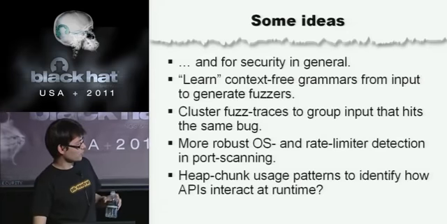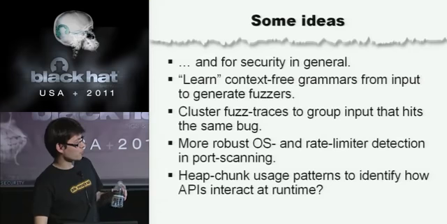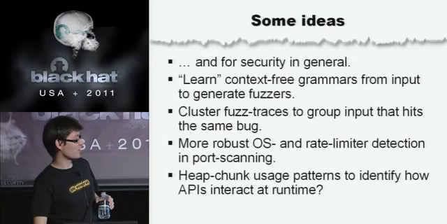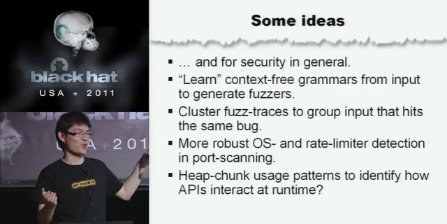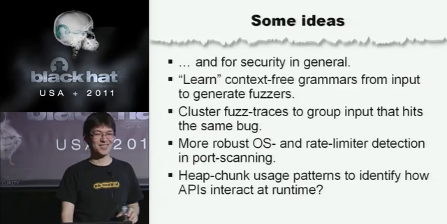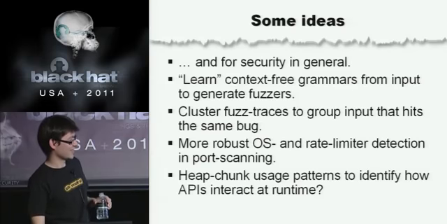You could try to build a more robust OS and rate limit detection for port scanning. And this is a very new idea I'm looking at right now, which is heap chunk usage patterns to identify how APIs interact at runtime. But you see the question mark there, so that's not something that I can say much about right now.